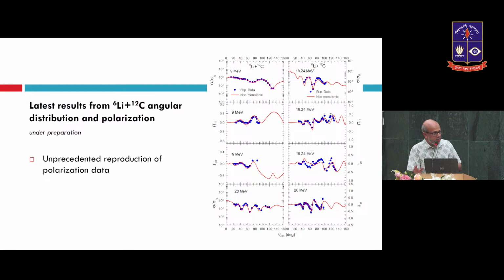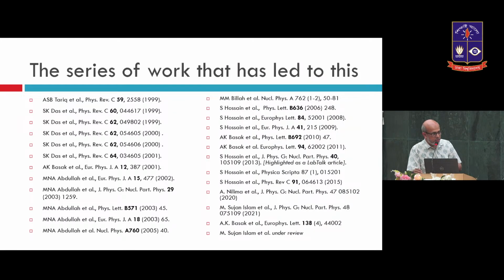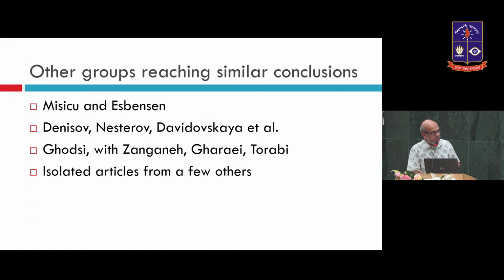As I said, I don't claim credit for this. I was part of the group, but this is, I would say, more of Professor Bozcheck and his team, the group there, what has been done there. And there are a few other groups as well. It's still not standard, but Thompson, Mishichu and Esbensen are at Argonne.